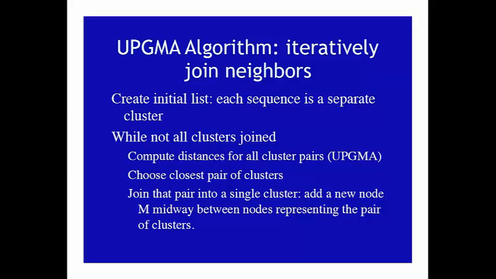You join that pair, and you replace those two clusters by a new cluster, basically using the averaging to compute its distance versus all other possible clusters. Repeat, repeat, repeat, until all clusters are joined.